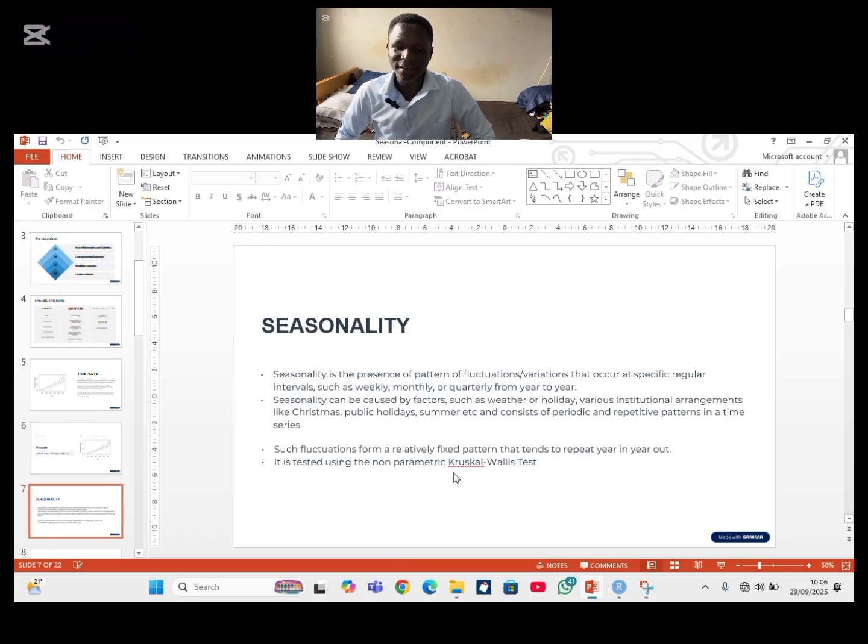Now, seasonality, of course, is affected by underlying factors that cause it. For example, we could have an example of success cards. You realize that around right now, or maybe next month of October, sales of success cards will increase, and it could be the same for Christmas cards.